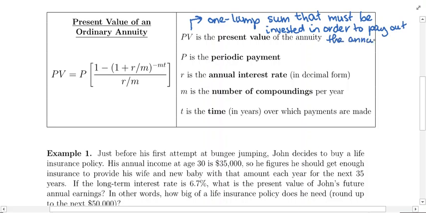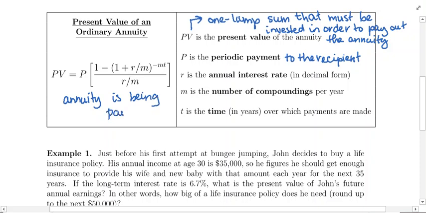And when you're looking at the P value here, it's the periodic payment to the recipient, because that recipient will be receiving the regular payments, because your annuity is being paid out. And again, I'll write that here. So the annuity is being paid out.